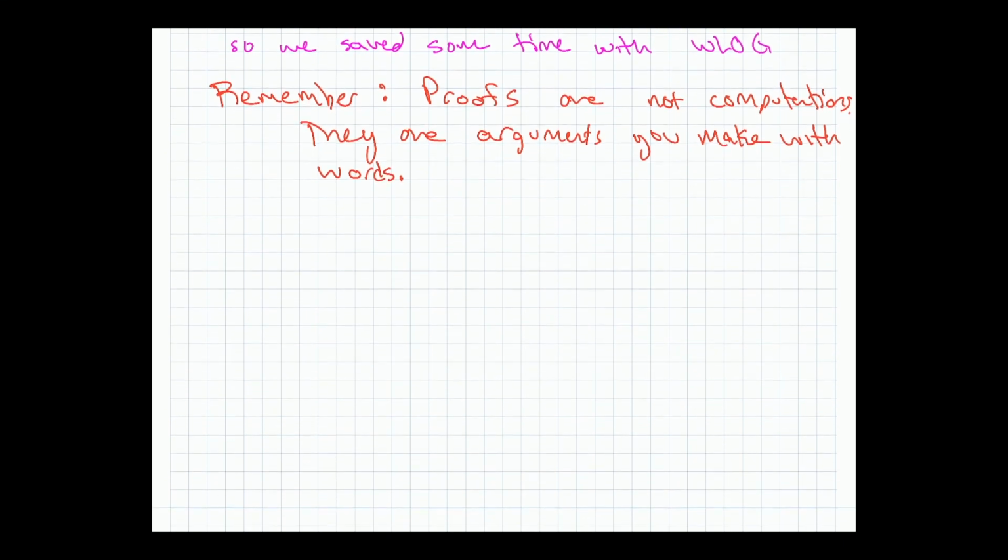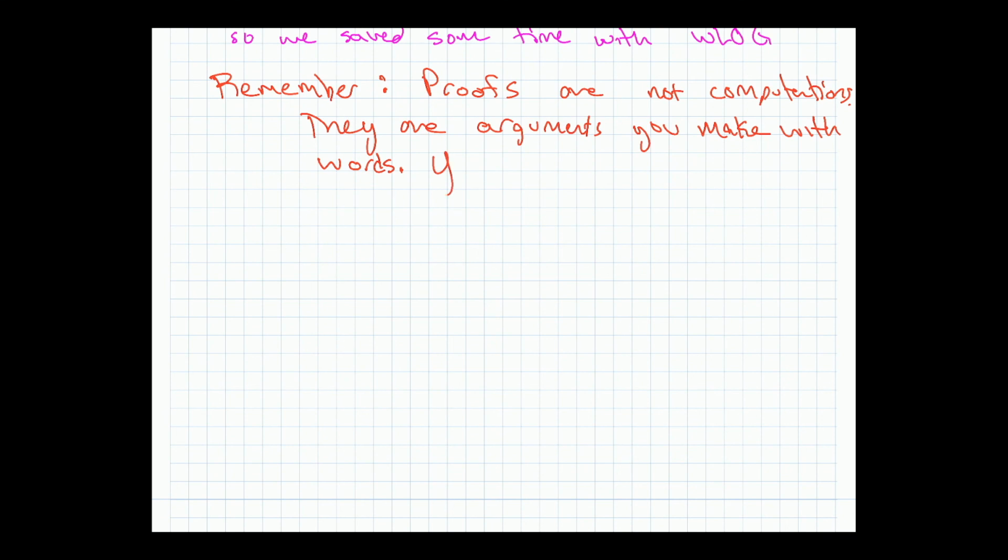You cannot skip the words. I mean, you can use mathematical shorthand for the words, but you don't really have a big mathematical symbol vocabulary at this point. So you can't skip the words really, or the structure of a proof. It won't be a proof if you do.